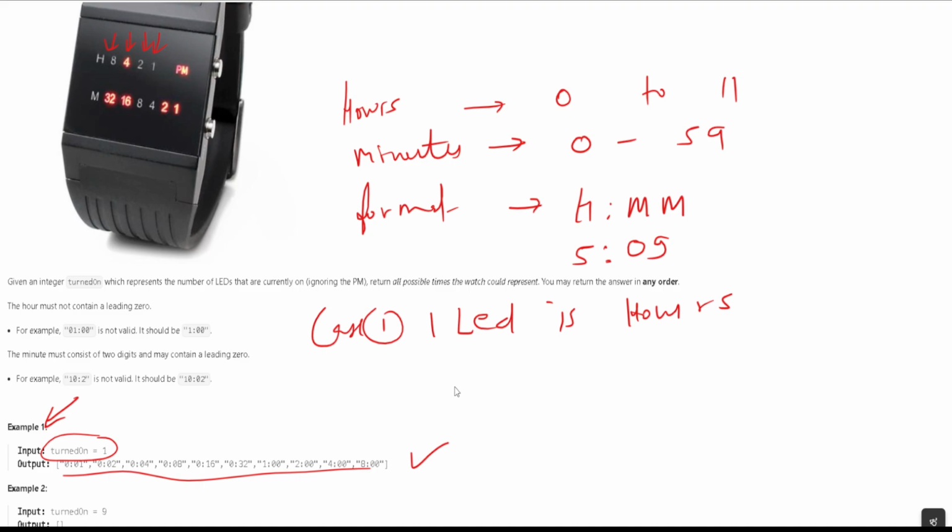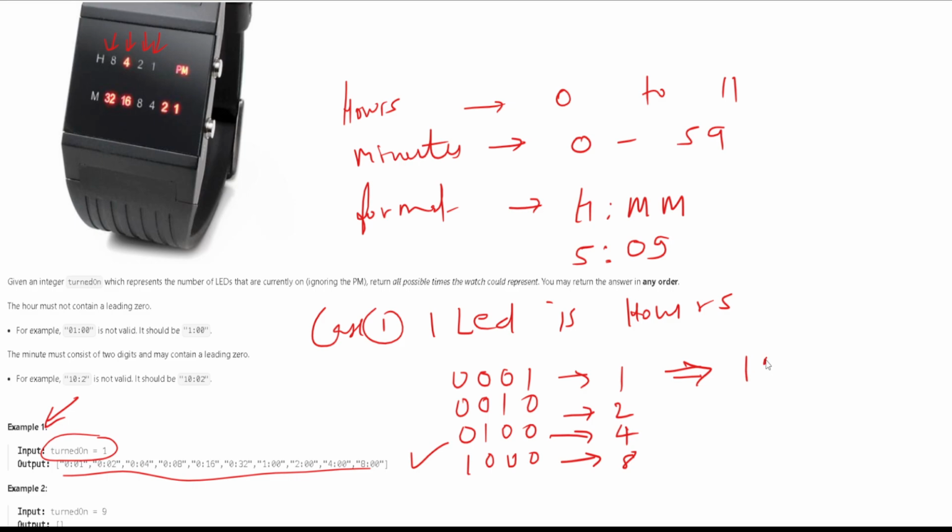It means the options are 0001, or 0010, or 0100, or 1000. These four represent 1, 2, 4, and 8, so 8 4 2 1. This is the possibility. So the valid times could be 1:00, then 2:00, 4:00, 8:00, as you can see.